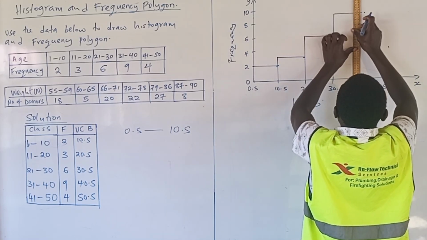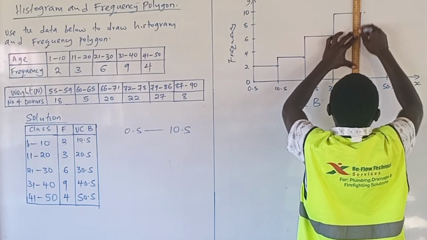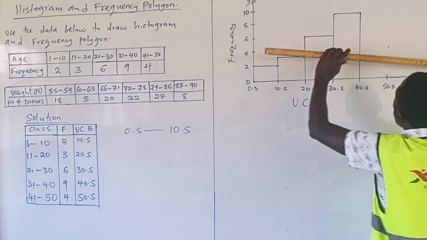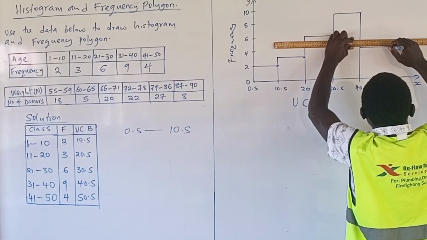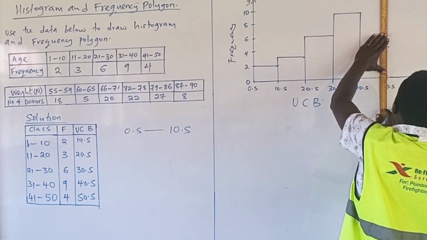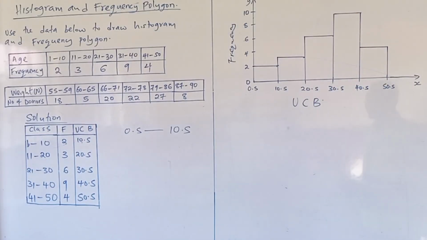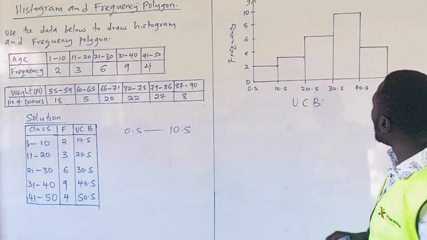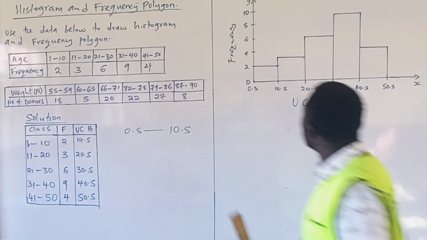Always make sure that whatever you are drawing is very clear to the examiner. So that even if you are doing the wrong thing, you are doing it with a clean mind. So that is what is known as histogram. So you can shade it if you want, but because my board is clear, I don't have to shade them.